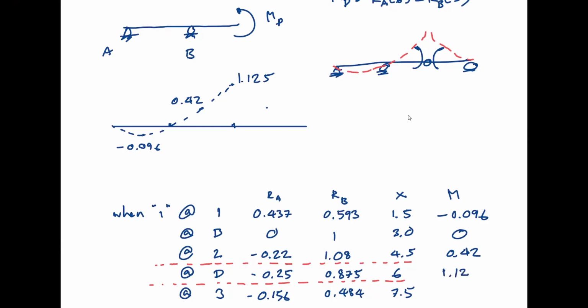Anyway, the last point. Maybe it's a straight line here because, if you put a hinge there, this shouldn't be a curve, right?